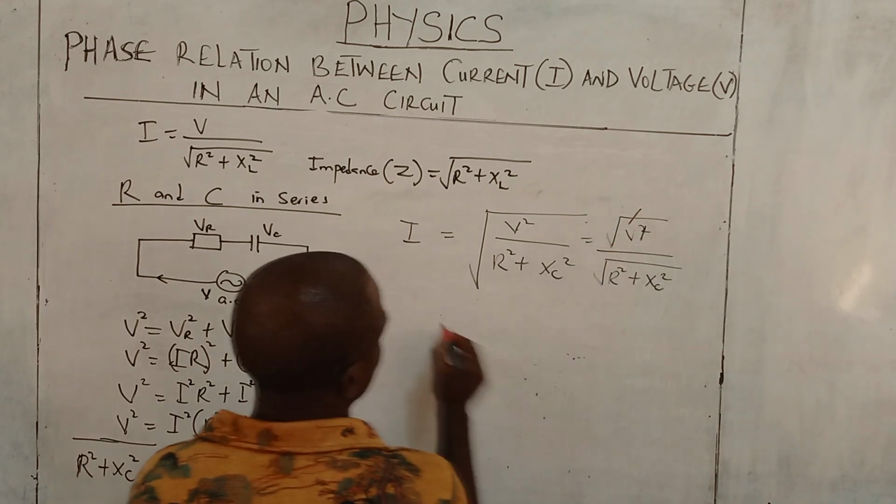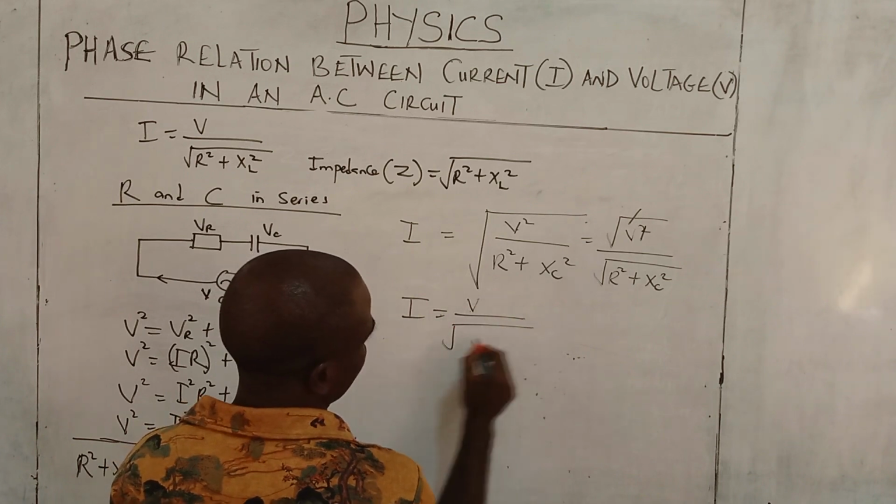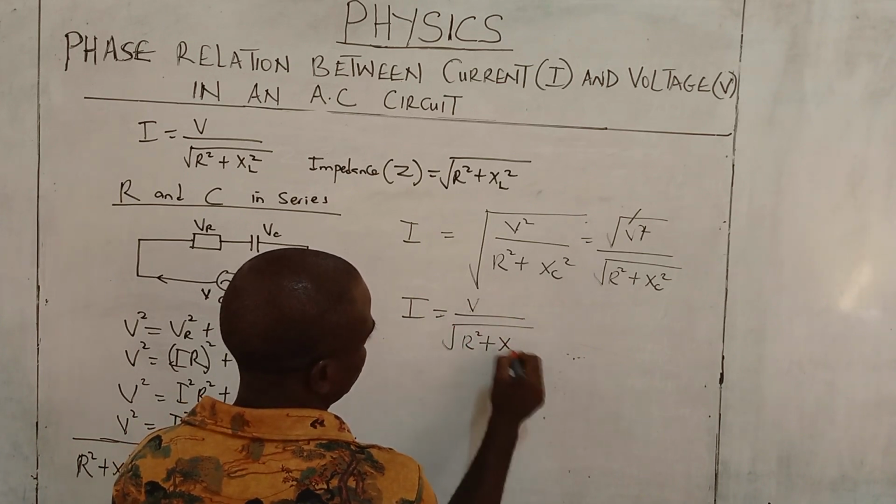These two cancel. We have I equals V over square root of R squared plus XC squared.